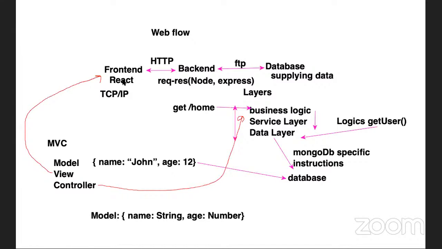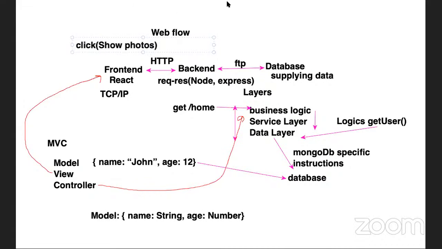So let's take another example to make it better, and I will write it this time. Let's say I click on a button which says show photos. So what I'm doing is I am generating a request from the front end. So this is my button on the front end.